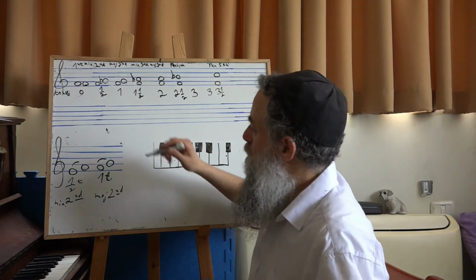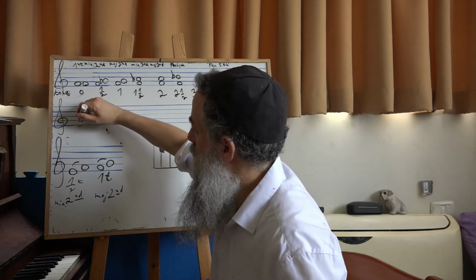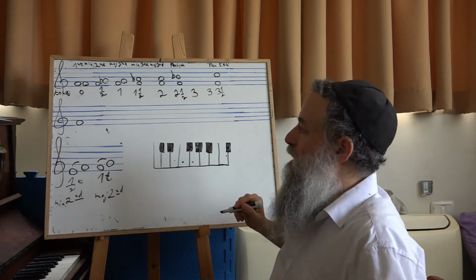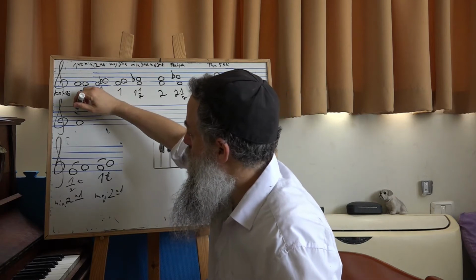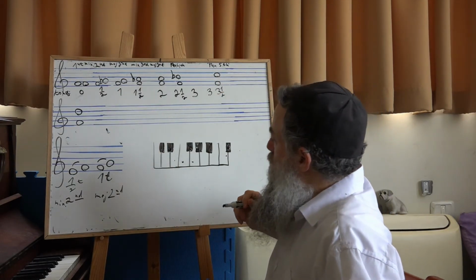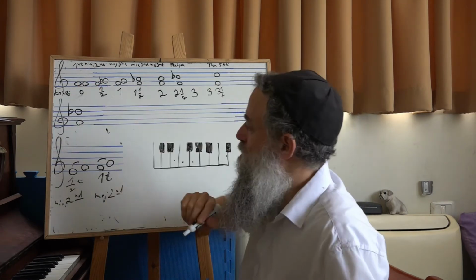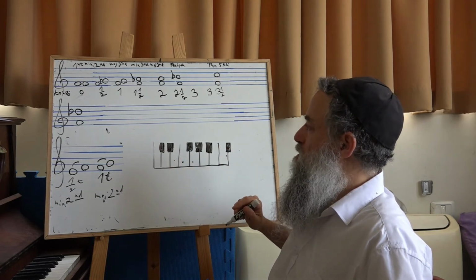Okay, let's go on to the sixth now. There is no major fifth, so it has to be that the next interval has another name, and indeed the next interval is the sixth, which is the distance between the F and the D flat. From here to here, that's a sixth.